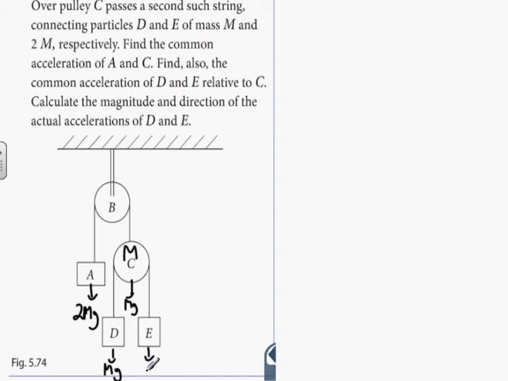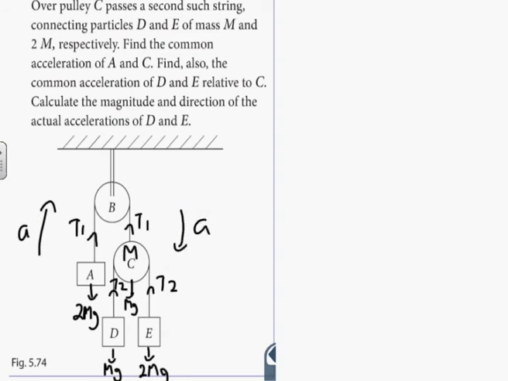E is mass 2m, so 2mg. Like last time, T1 and T2. Okay, let's assume, I think it's very convincing this time, that A is going up and C is going down.